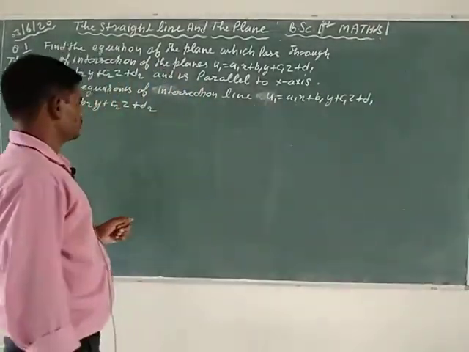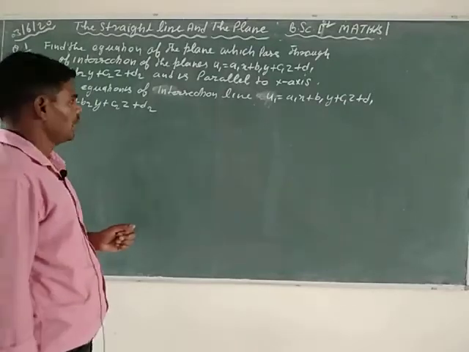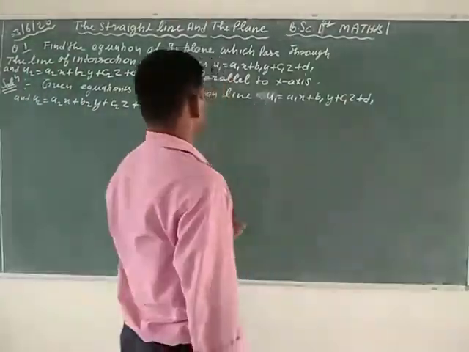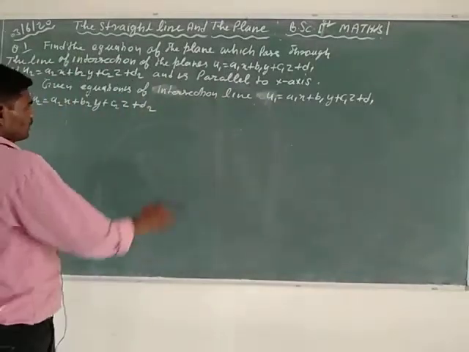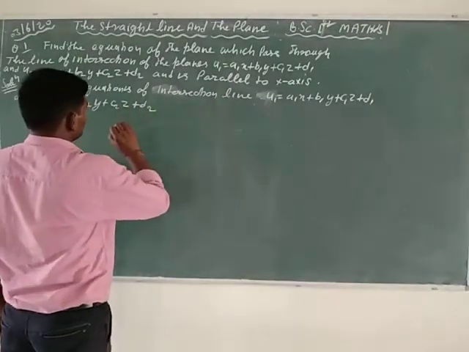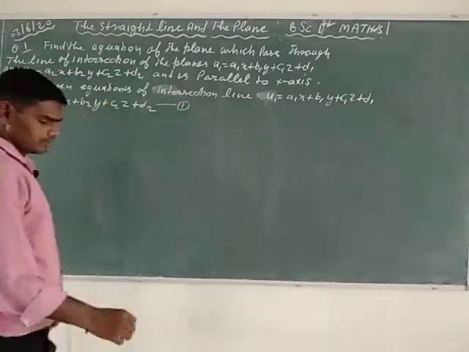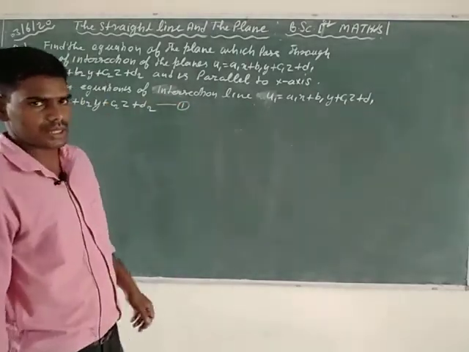Here u1 is the equation of a plane, and u2 is also the equation of an intersecting plane. The line is represented by these two equations.